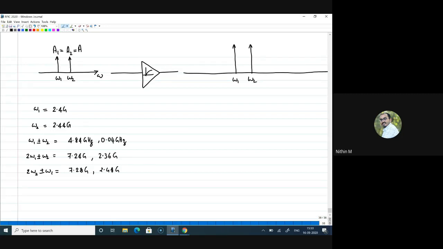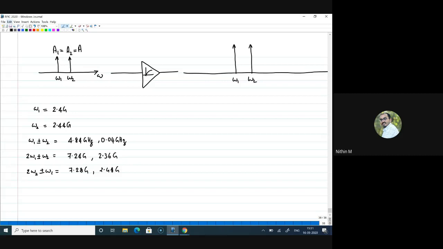Whether the frequencies I have written down are right? Okay, all right, thank you. Yeah, so these are the products at the output, right? So now when I mark these components, if you look at the omega 1 plus or minus omega 2 terms, some component is coming at 4.84 giga.